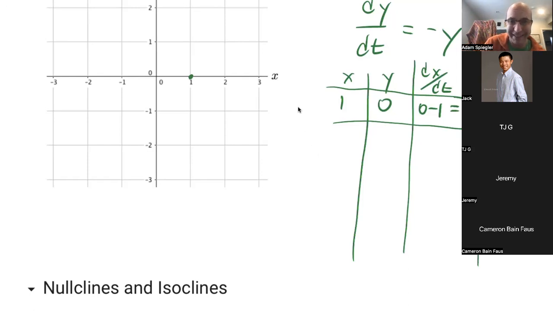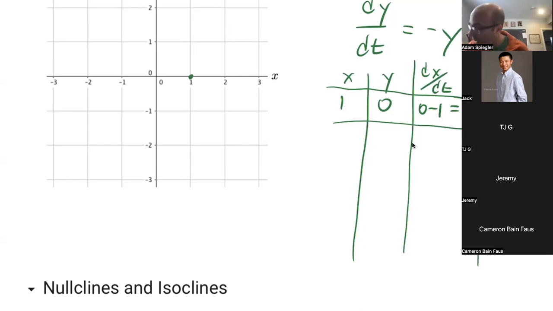Thank you. Very nice picture, Stephen. I have no idea how you got an arrow in there, but that is correct. It's going to be an arrow that points directly to the left. We can see that because dx/dt is telling us the horizontal component, and dy/dt is telling us the vertical component.